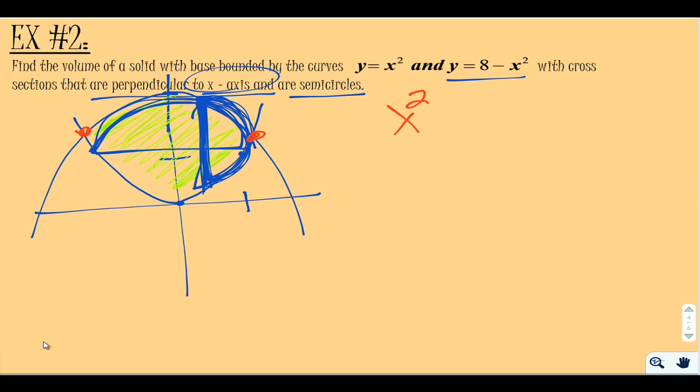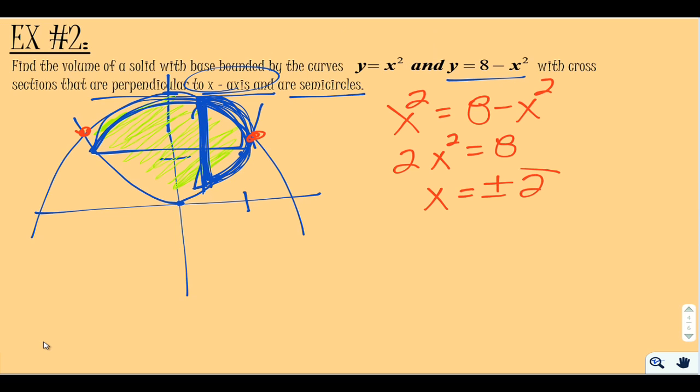Can I do x squared is equal to 8 minus x squared? Add my x squared over. I get 2x squared equal to 8, divide by 2, square root, and I get x equals plus or minus 2. So those are going to be my limits of integration, aren't they? I'm going to go from -2 to +2 on the x.